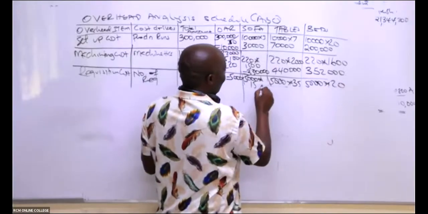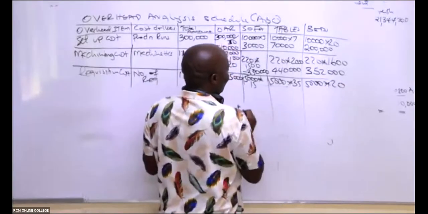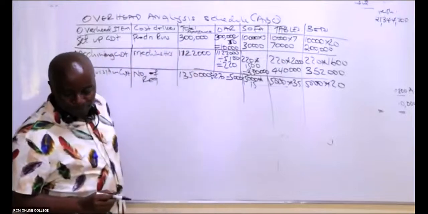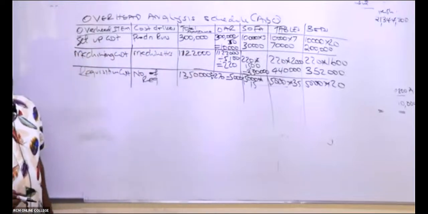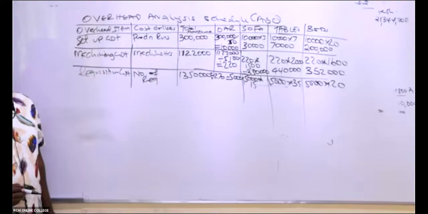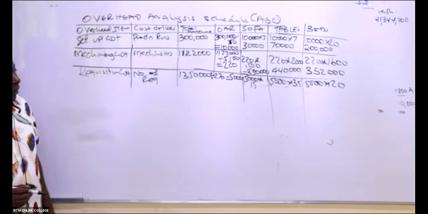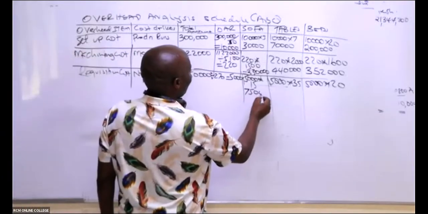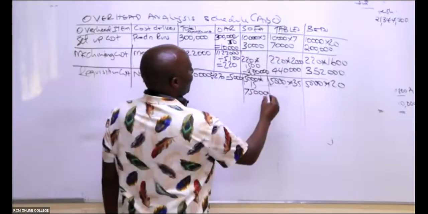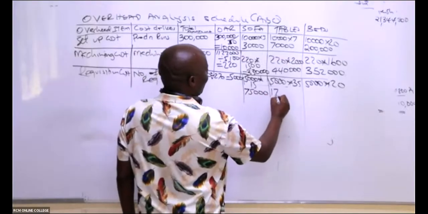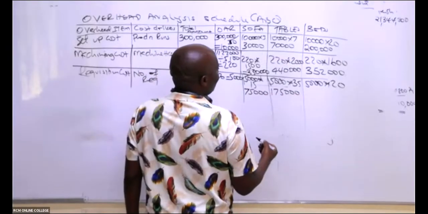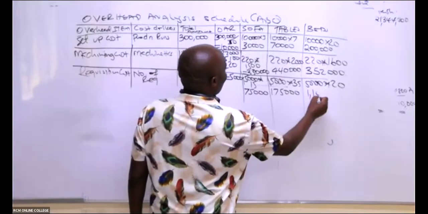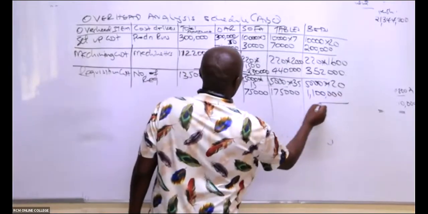So please give me these values very fast. The first one I'm being told is 75,000, then 175,000, and lastly 100,000. Thank you so much.